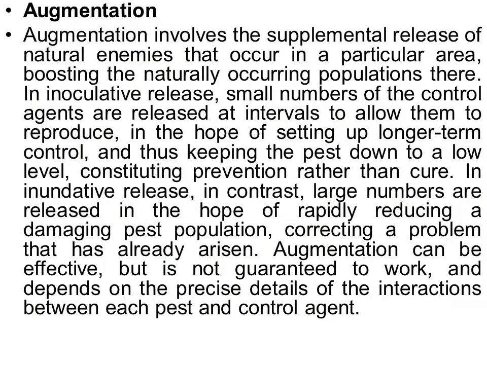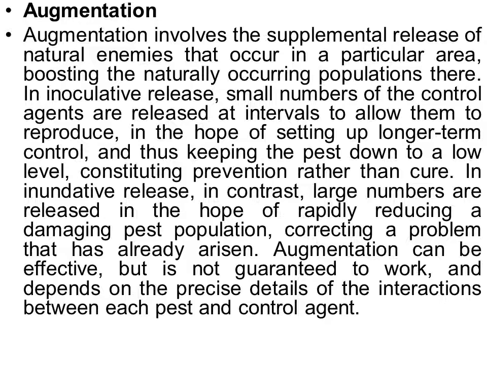The second method is augmentation. Augmentation involves the supplemental release of natural enemies that occur in a particular area, boosting the naturally occurring populations there. In inoculative release, small numbers of the control agents are released at intervals to allow them to reproduce in the hope of setting up a longer term control and thus keeping the pest down to a low level, constituting prevention rather than cure.